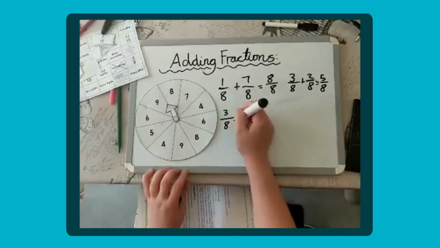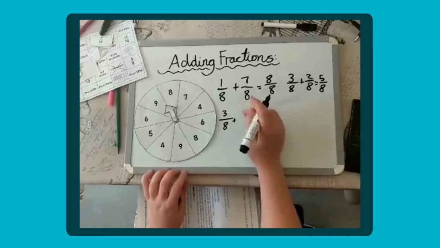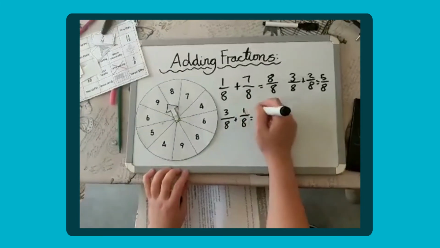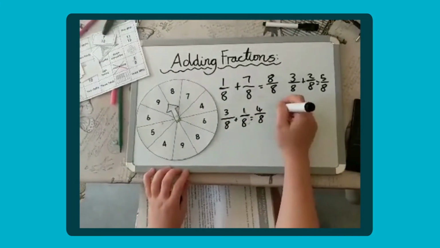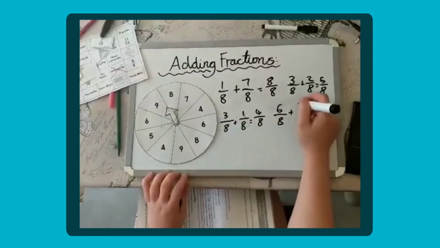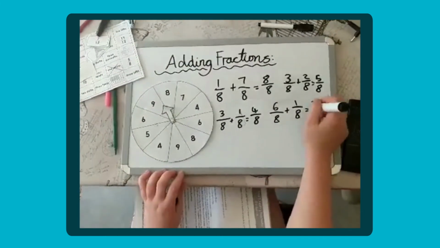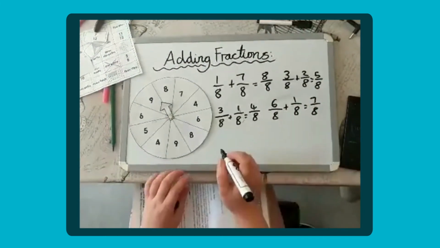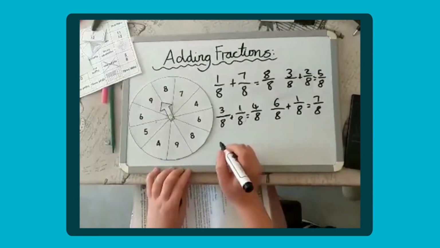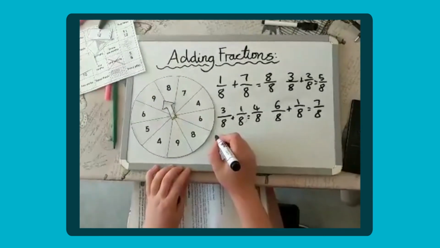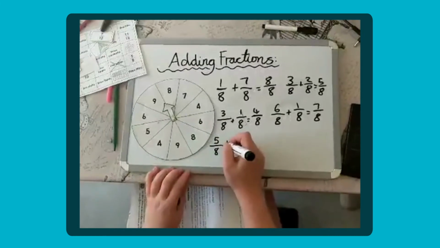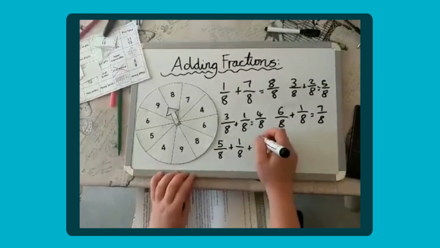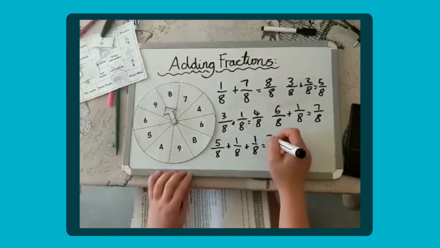3 add 1/8 equals 4/8. Why don't we have 6/8 plus 1/8 equals 7/8? Now I'm going quite quick, so why don't I use additions that have 3 fractions just to make it that little bit harder? So 5/8 add 1/8 add 1/8 equals 7/8.